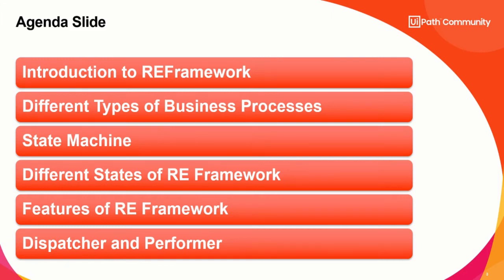Now we go into the RE framework, which is the Robotic Enterprise Framework, a template which gives you a lot of features to store, read, and modify config data. So what is the config data, right?